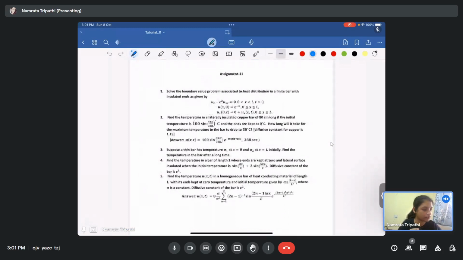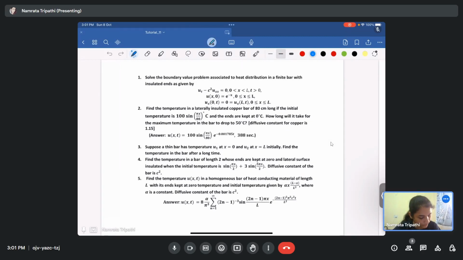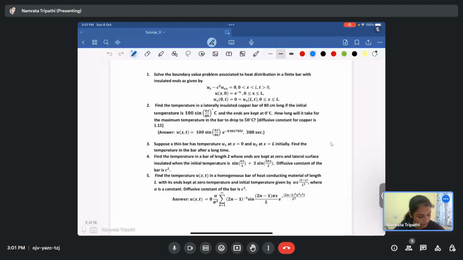So these are the questions we will discuss in this session. Question one is: solve the boundary value problem associated to heat distribution in a finite bar with insulated ends as given by.